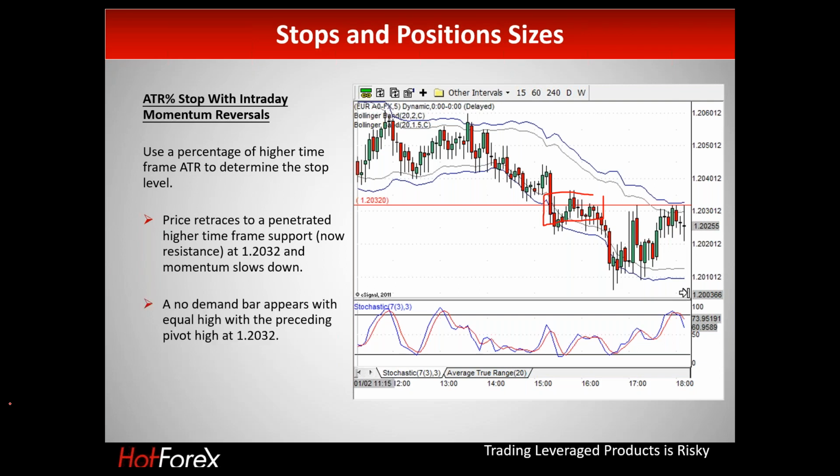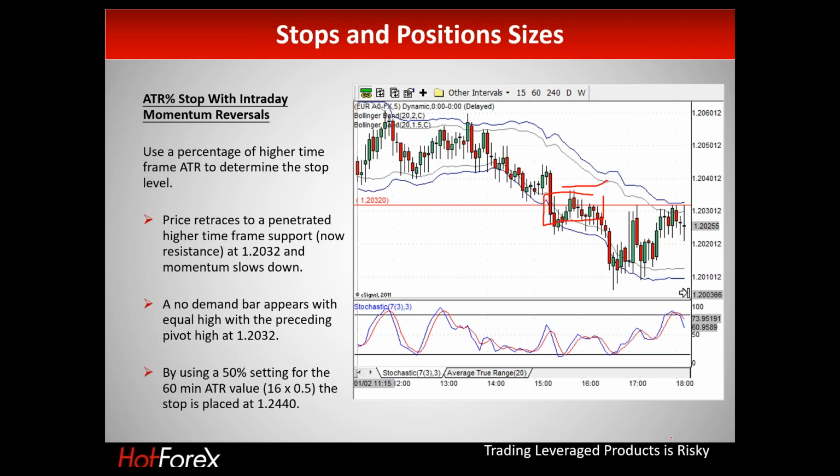So that could have been your entry point on the penetration, okay, with the daily, by using 20% of the daily ATR as your stop loss, okay, and the risk and reward ratio for identifying your potential target to the downside.